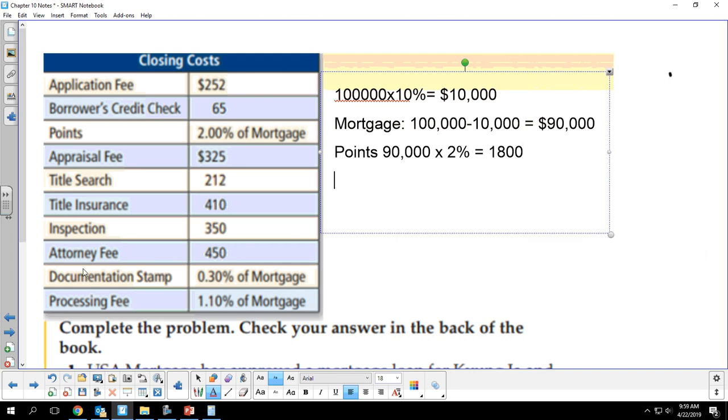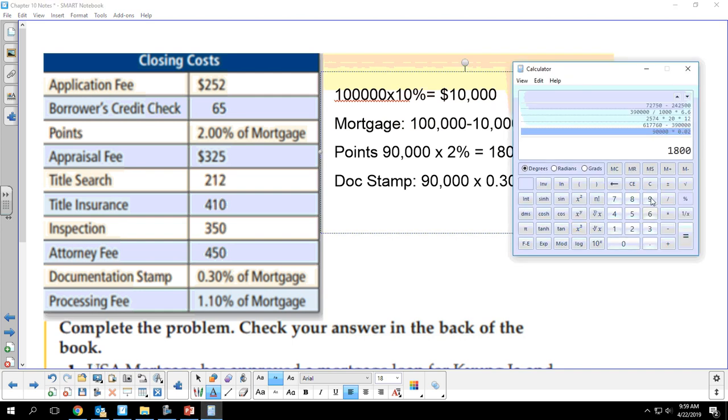Then to find the documentation stamp, it is going to be 90,000 times 0.30%. Calculate that out.